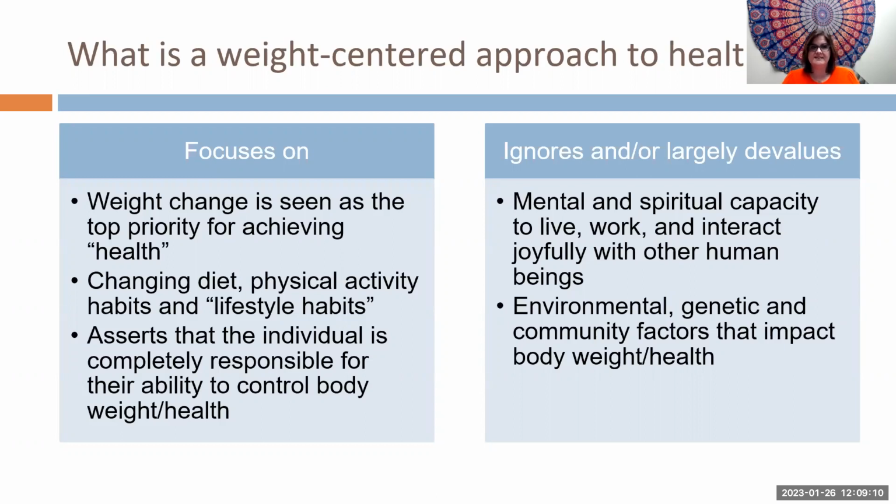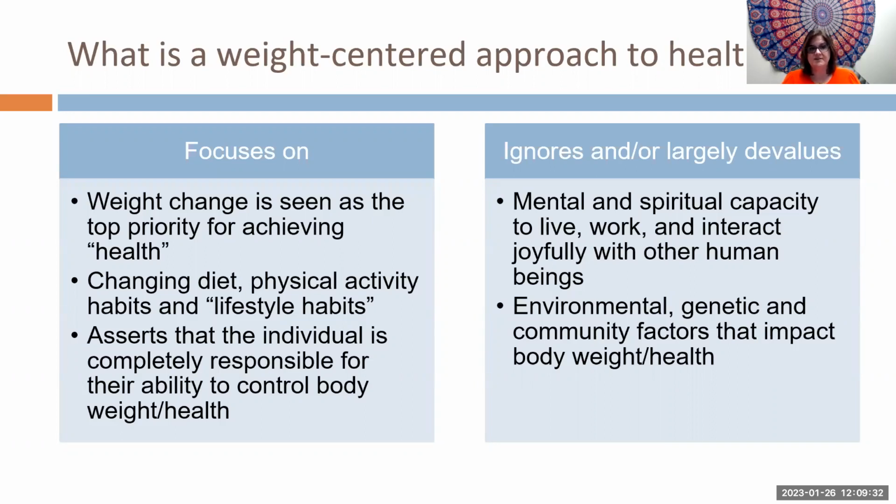What that means is that there's a focus on weight change as the top priority for achieving health, and really a focus on changing those individual characteristics I just talked about, diet, physical activity, and lifestyle habits, without taking into account the other levels or components of interaction of health behavior change.